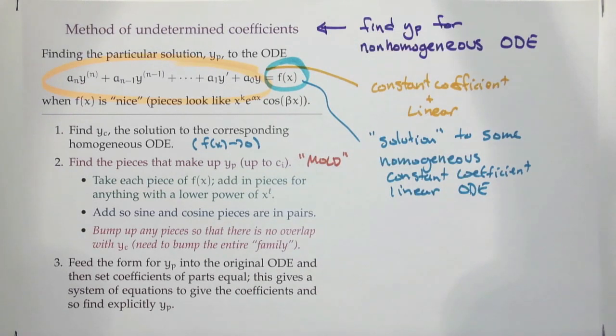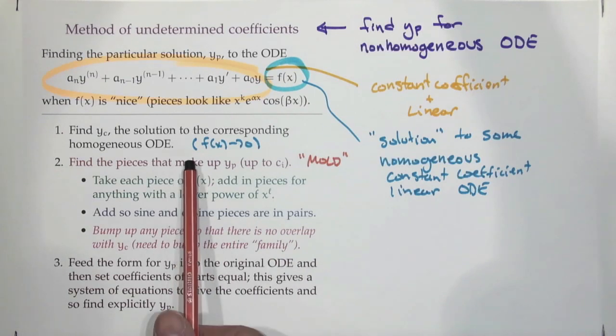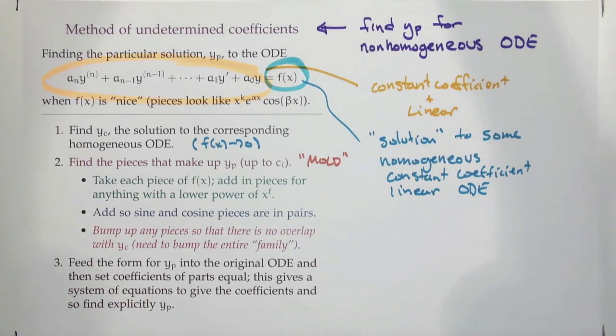So if you just see a cosine for f of x, you also have to throw in the sine. And then the last thing: you want to make sure there's no overlap with what you found in the first step. That's why we bothered to find the complementary solution. If there's overlap, we need to do a bit of a bump, so that there is no overlap.